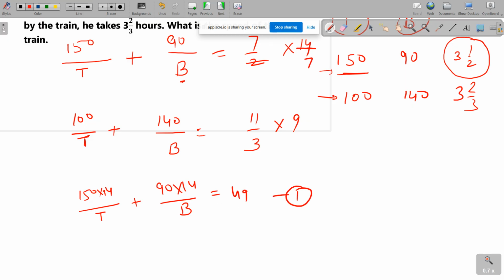This is equation number 1 that we have transformed, and in equation 2 we will need to multiply by 9. So 9 into 140 divided by b is equal to 3 nines, it is 33.